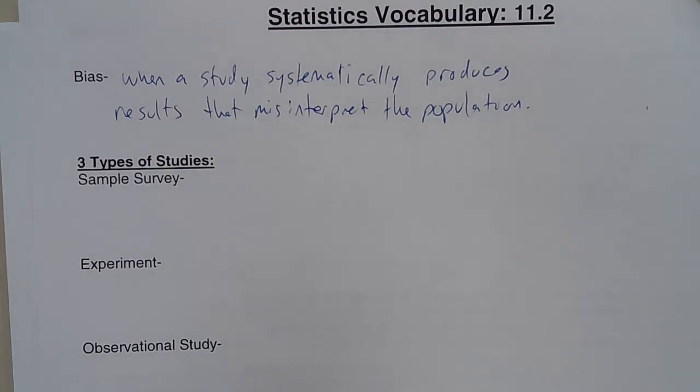Bias is prevalent in statistics studies. It is virtually impossible to create a study that doesn't have some amount of bias. Your goal, whenever you're doing any kind of study, is to try to minimize bias as much as possible.